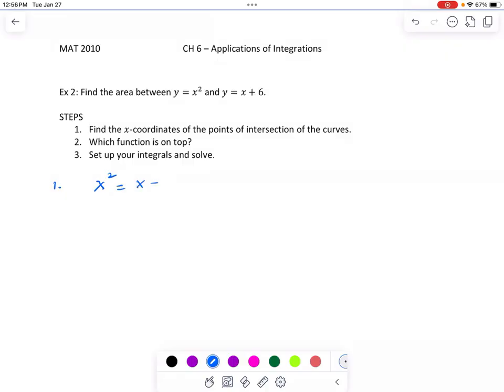How do we solve it? This is a quadratic, so I bring everything on one side. It factors as x minus 3 and x plus 2.